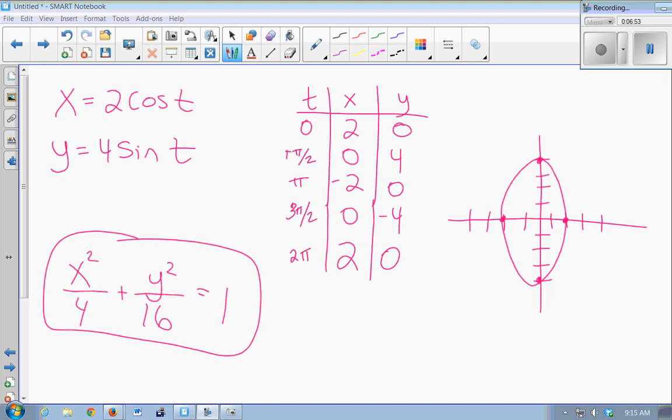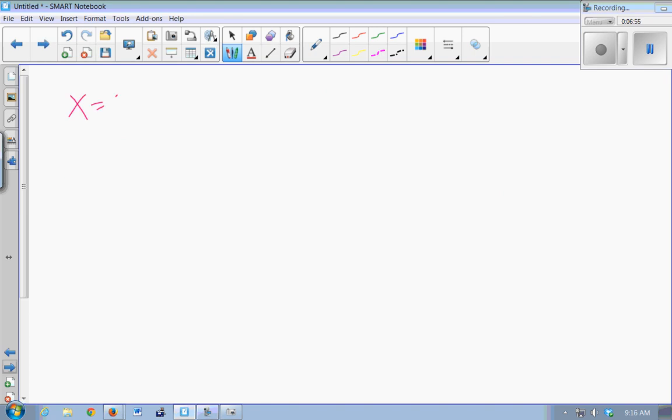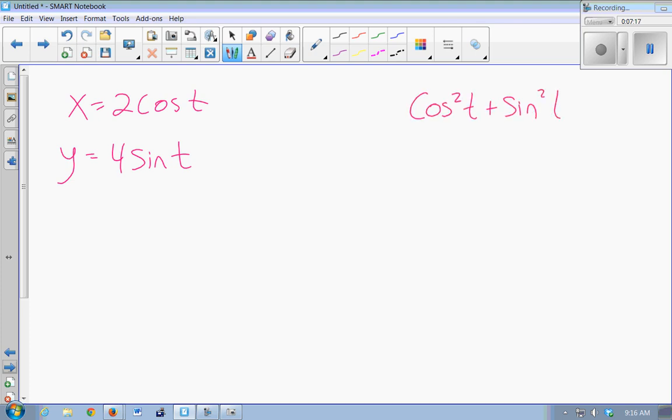So we have 2 cosine t and 4 sine t. Whenever you're doing parametric equations that have trig functions in them, use a Pythagorean identity to eliminate the parameter. I know that cosine squared t plus sine squared t equals 1.